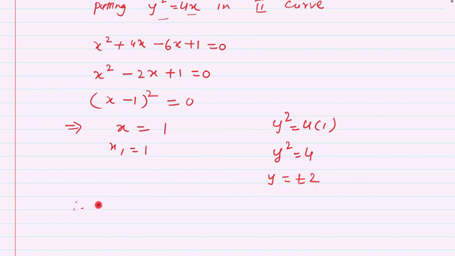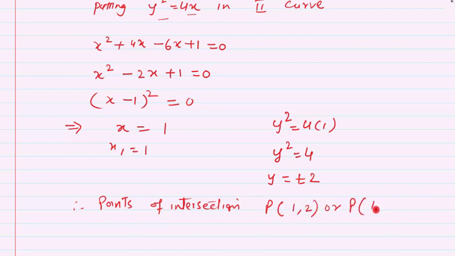Therefore, the points of intersection that we have named x1, y1 or P are (1, 2) or (1, minus 2). So these are the two coordinates where the two curves may intersect or may touch each other. Now we need to prove that these are the points where the curves touch each other.